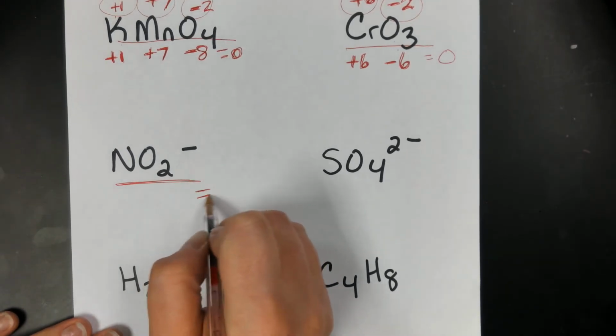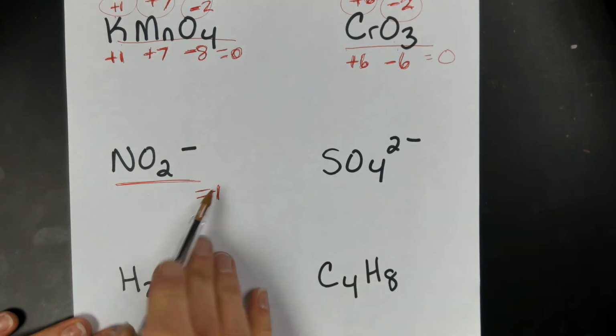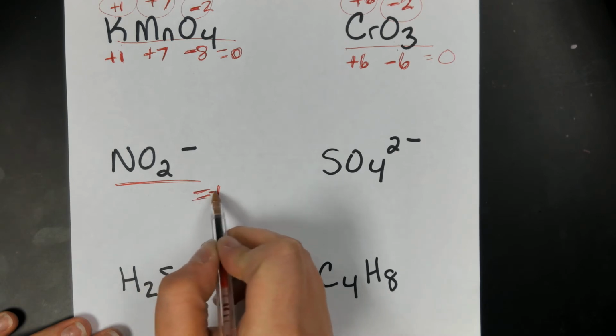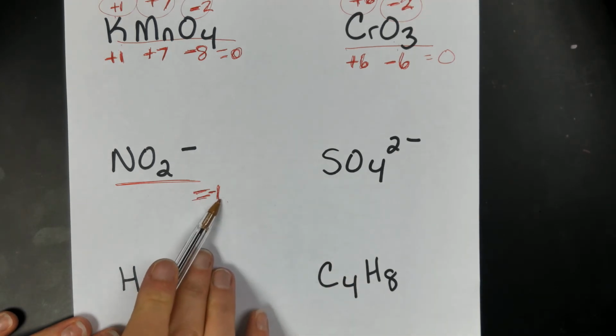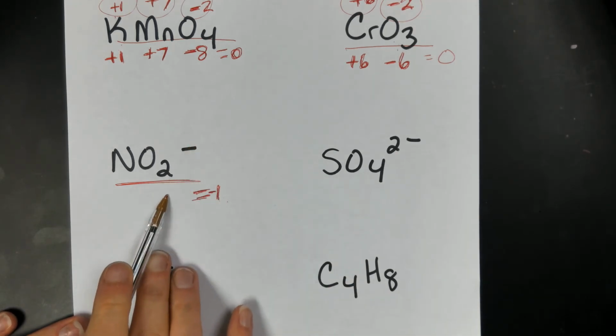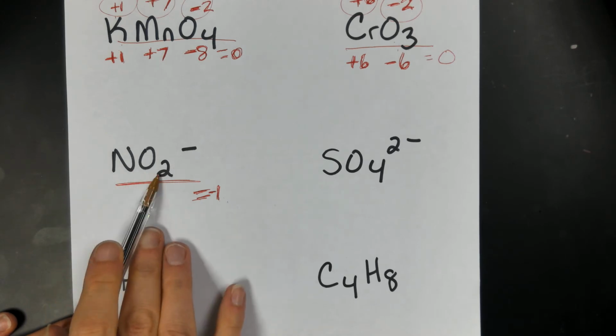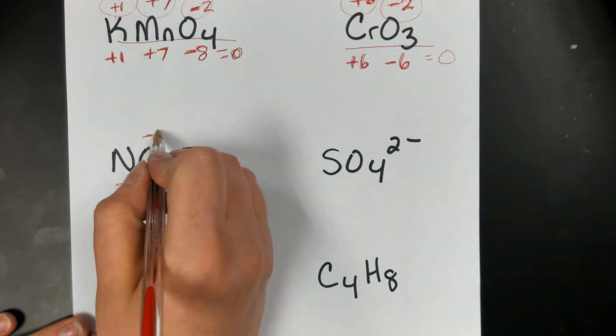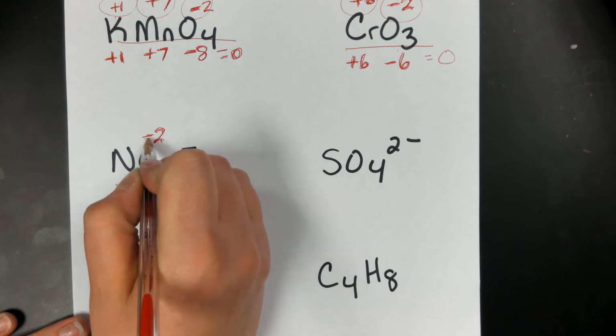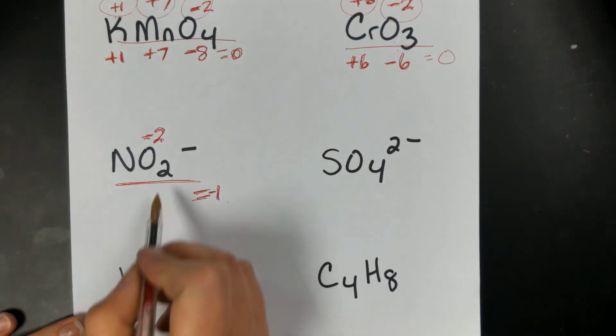You got it, because it is an ion. -1. I put a negative there. Sorry if it's a little small. So it's a total out to -1 because that's the charge here. I don't have a rule for N, but I do have a rule for oxygen. It's going to be -2 most likely, right? Because I'm not going to try to trick you. So a total of -4.